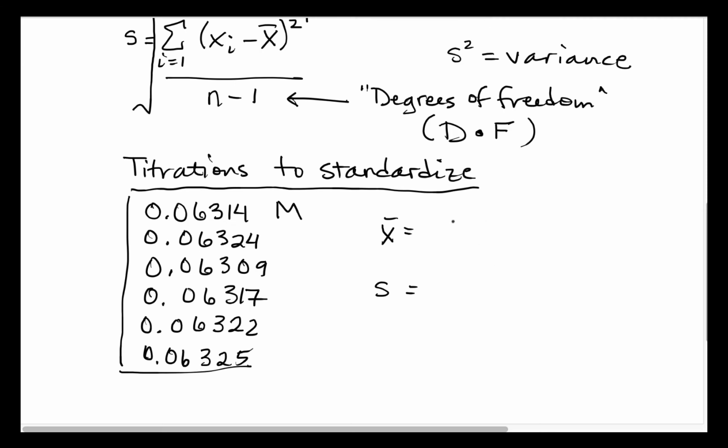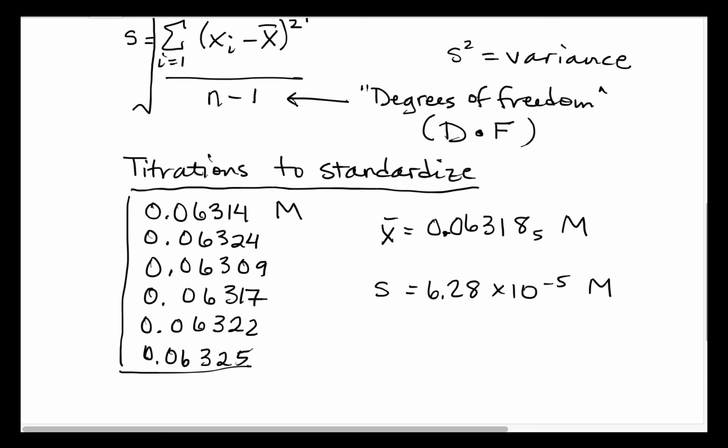Okay, so hopefully you were able to do that calculation and you got 0.06318, and I'm going to go ahead and subscript the next number, 5. And then the standard deviation, I got 6.28 times 10 to the minus 5 molar.